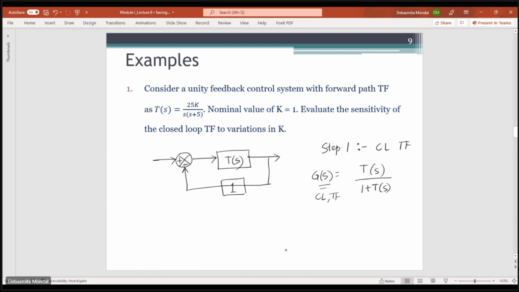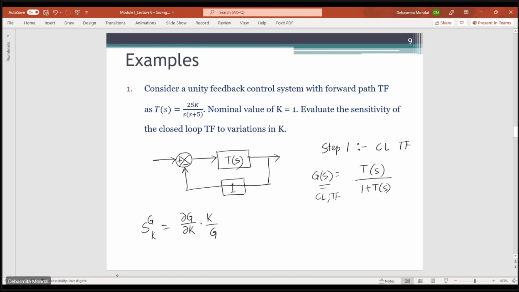Now the second step is to find the sensitivity of the closed loop transfer function with respect to any variations of K. If you recall the definition, here we are dealing with G. So the sensitivity of the transfer function G with respect to K is given by delta G by delta K into K by G.